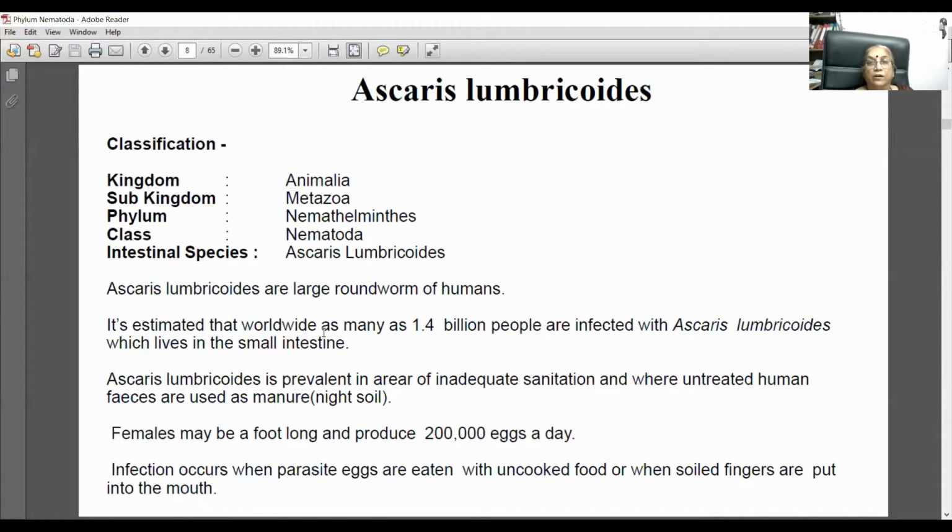Going into the human being means the eggs are swallowed, and this occurs when the food is uncooked, or soiled fingers are put into the mouth, or you're not washing the hands properly and your hands may be contaminated with these eggs. While seeing the life cycle, you'll understand what I'm telling you about this infection.